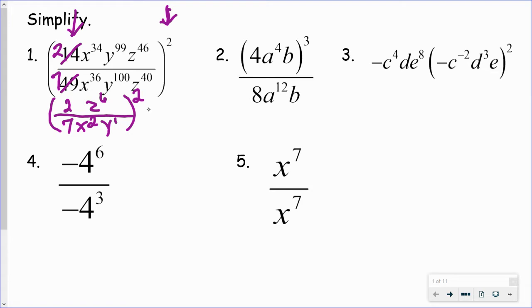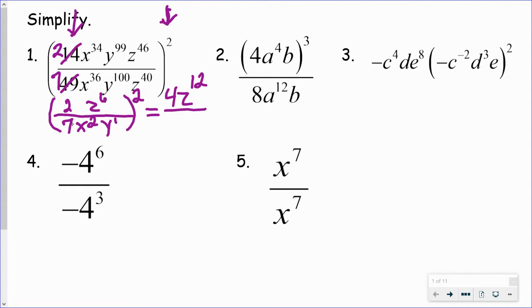So now distribute 2 to the top: 2 becomes 2 squared, which is 4. The 2 here to the z to the power of 6 becomes z to the power of 12.